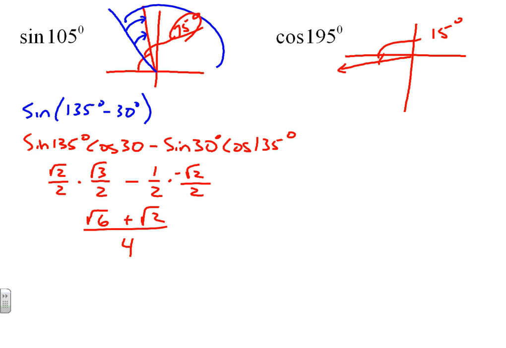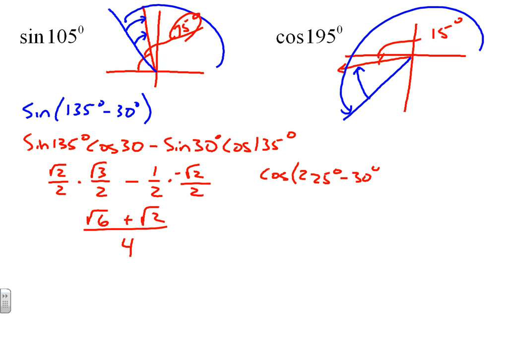I would call this cosine of, I'm going to split the quadrant that it's in, 45, so that would be a 225 degree rotation. And then I have to backtrack 30 degrees. So minus 30 degrees. And I know how to handle that.